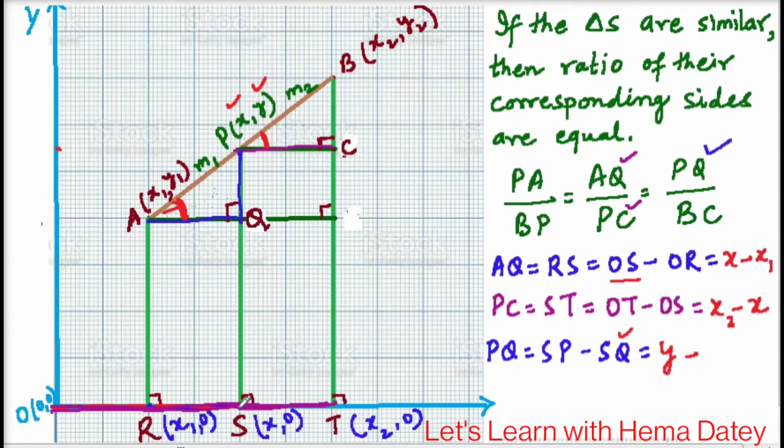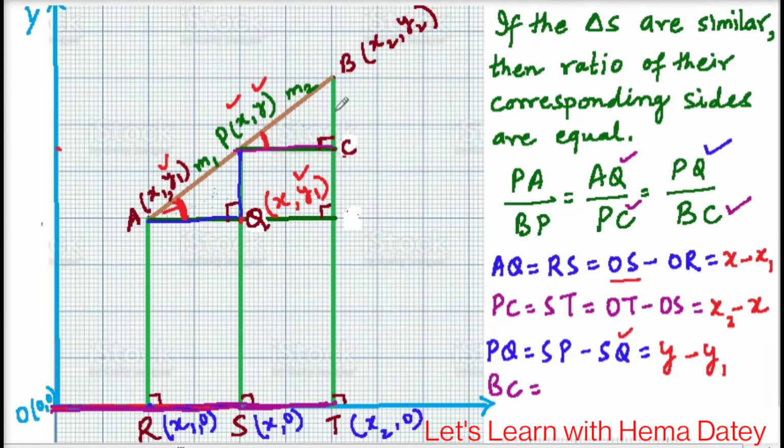SQ is again distance from x-axis and that is y1. Let's find out the coordinates of point Q. X coordinate is the distance from y-axis, that is x, and y coordinate is the distance from x-axis, that is y1. So we can write SP means distance from x-axis which is y and SQ is the distance from x-axis which is y1. So we will get y minus y1.